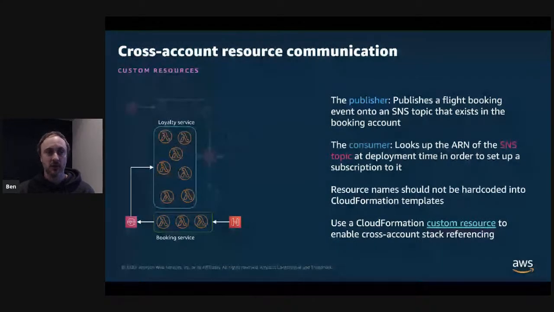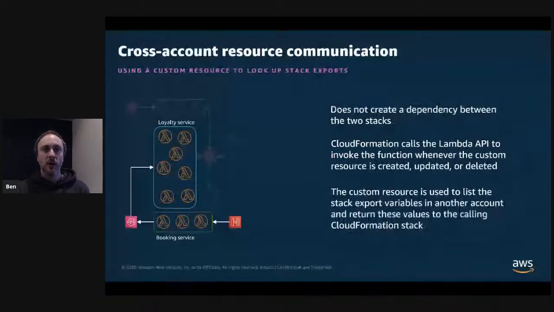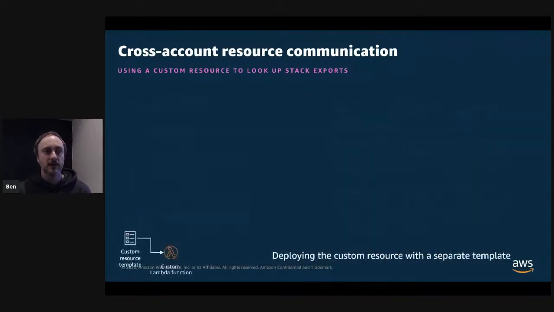This is a special kind of Lambda function where, whenever the custom resource is created, updated or deleted, CloudFormation uses the Lambda API invoke to invoke this Lambda function. The function lists all the stack export variables from another account, and it returns these values to the calling CloudFormation stack. What's great about this method is that it doesn't create a hard dependency between these two stacks.